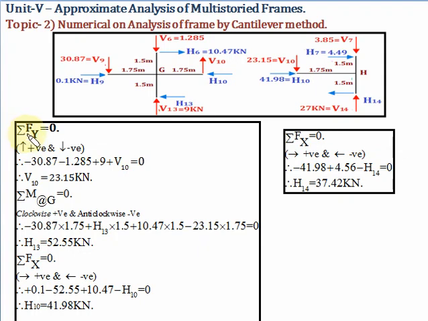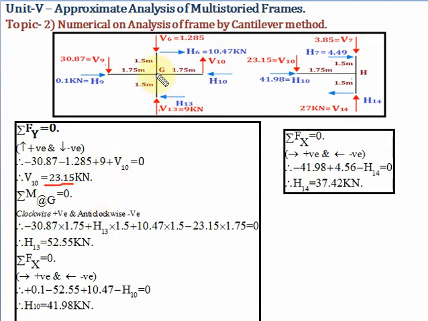What is the first equilibrium equation? Summation Fy equal to 0, upward positive, downward negative. So V9 acting downward, minus 30.87. V6 acting downward, minus 1.85, plus 9, that is V13, and V10 acting upward, plus. So here we'll get the value of V10 as 23.15.